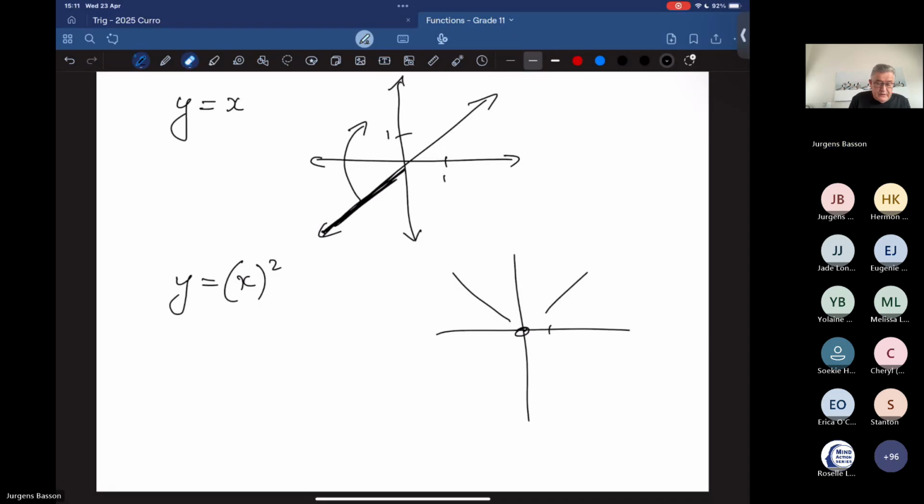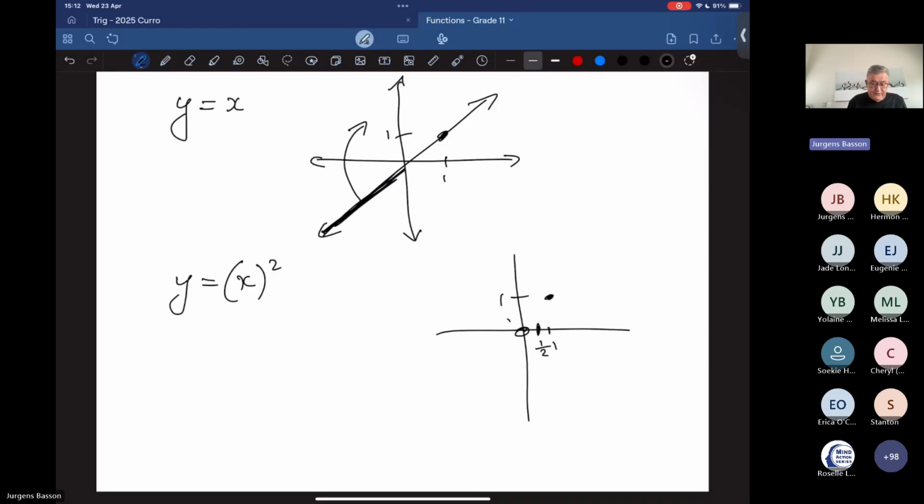Now, if I can just remove these two lines. So if I go to 1 and 1, you will agree on the straight line if x is 1, y is 1. On the square, I also get when x is 1, y is 1. So it almost gives us the idea that the same thing that happened in the straight line will happen here as well. But the interesting thing is we must have a look at a half.